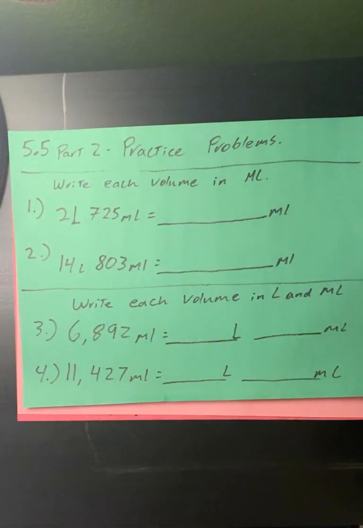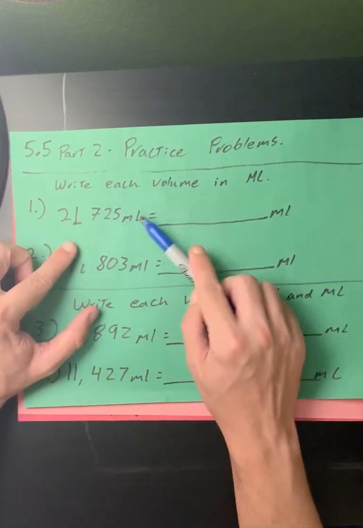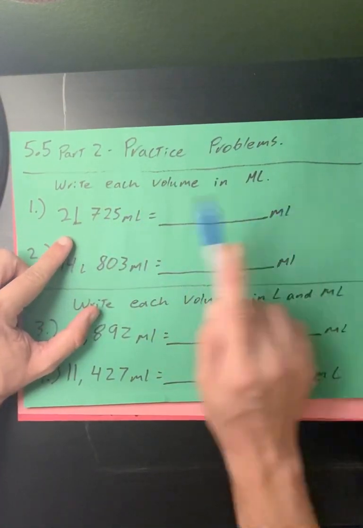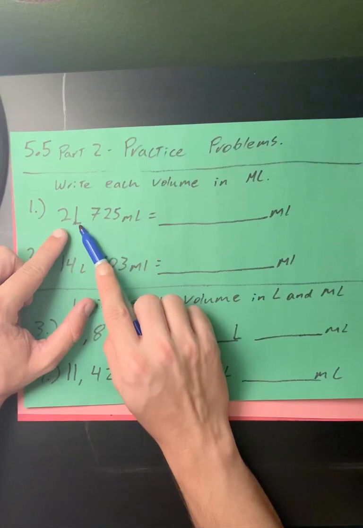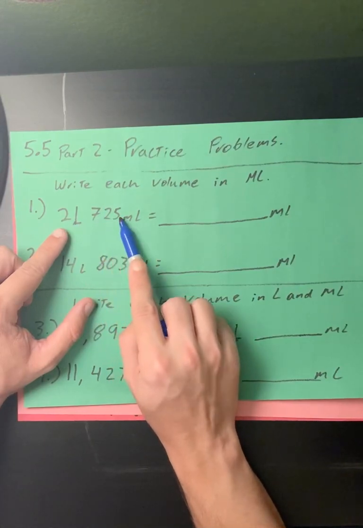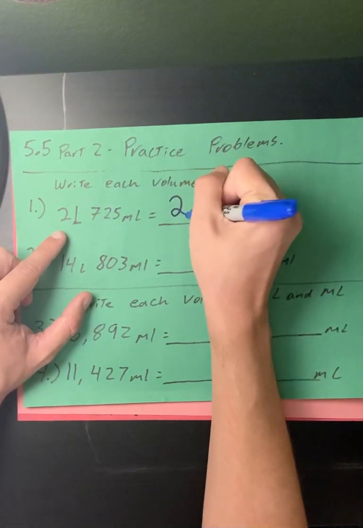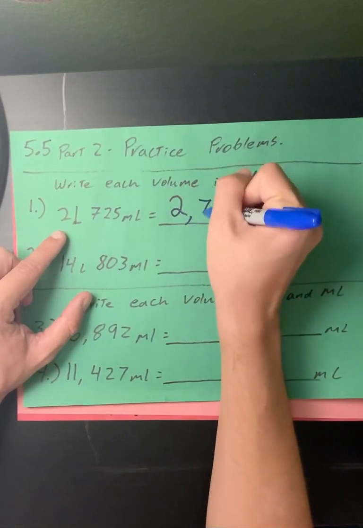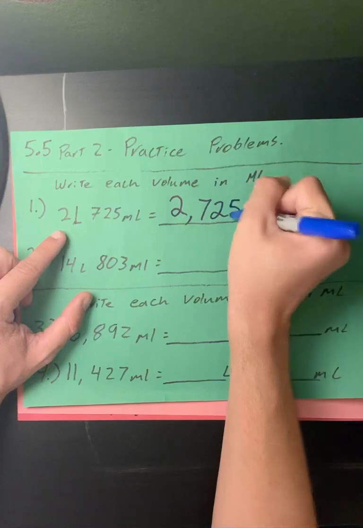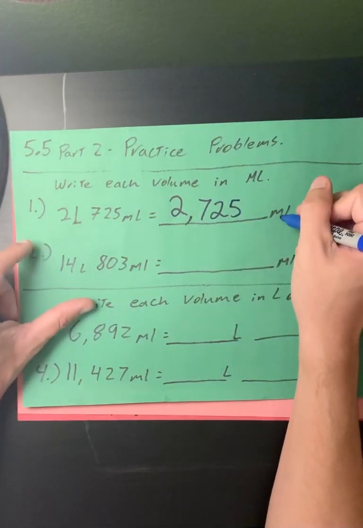And we're back, going through these problems, converting our liters and milliliters to milliliters. If I have 2 liters and 725 milliliters, altogether, I would have 2,725 milliliters.